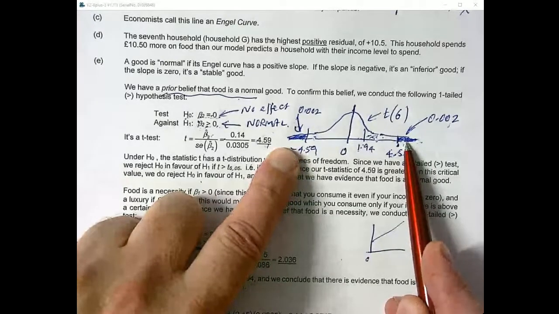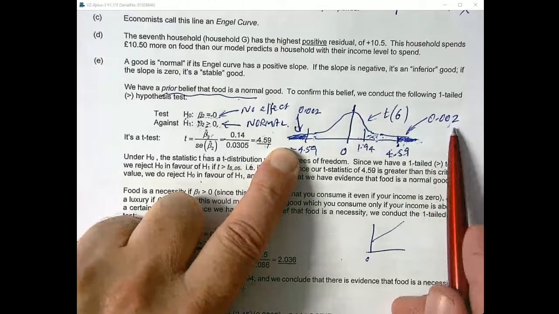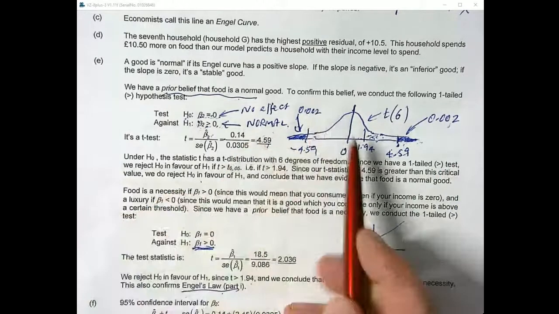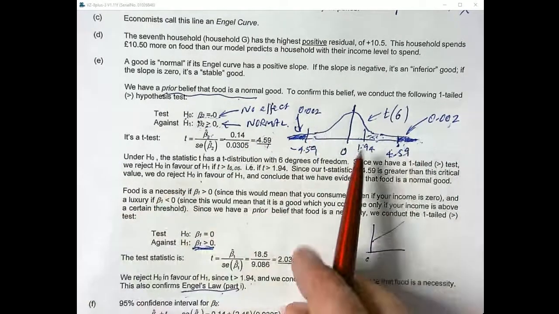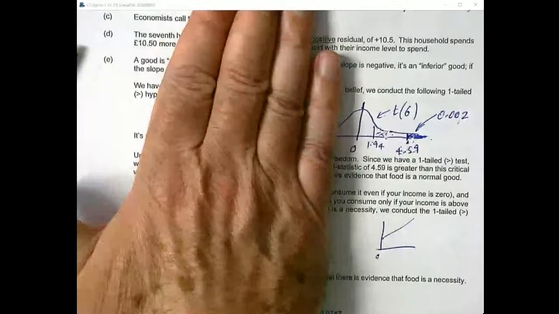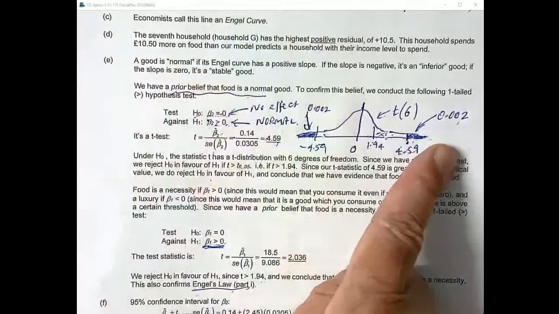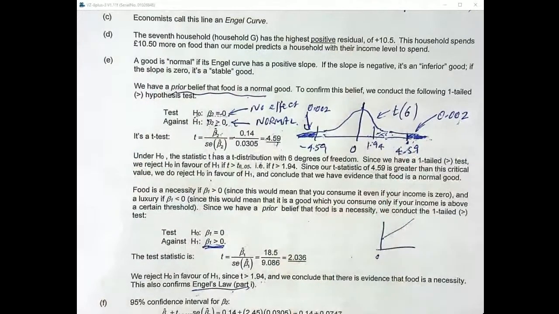So the p-value that you see in Stata is 0.004. We are doing a one-tailed test because we have this prior belief. So we are only looking at the upper tail, and that's why our p-value is 0.002. That's why we divide by 2 when we have a prior belief, when we're doing a one-tailed test.